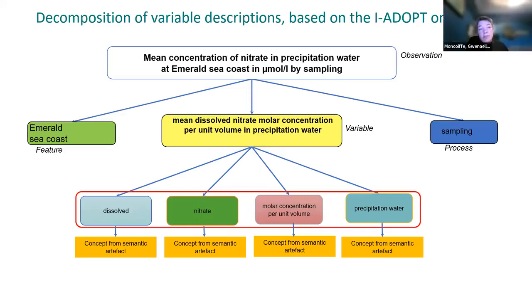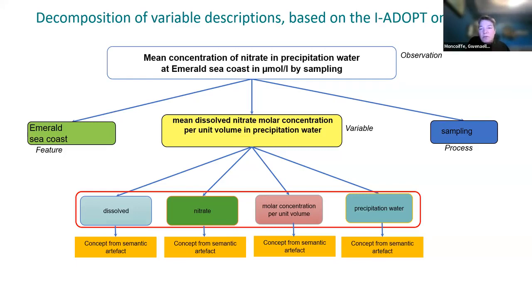So this is just an example of a decomposition. Imagine you've got a data set with mean concentration of nitrate in precipitation water, and in that case, it is at a specific site. It also specifies a unit, and it also specifies sampling.